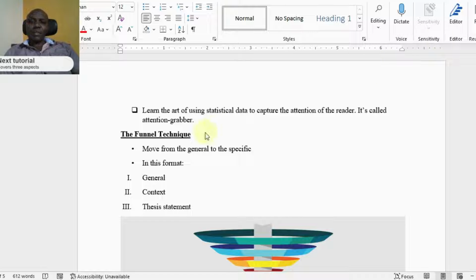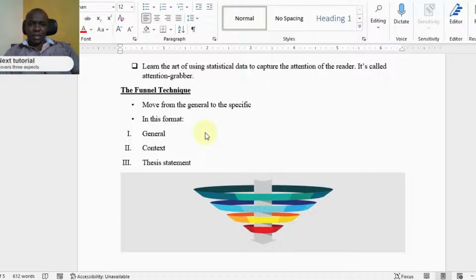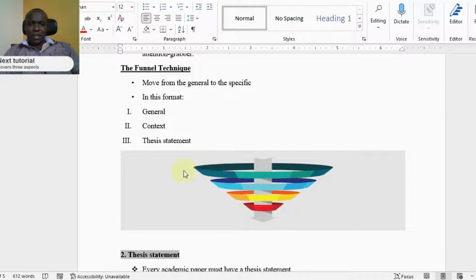Then, to look at this figure again, is what we call a funnel. So, a funnel technique when you're writing your introduction. As you can see, it moves this way.